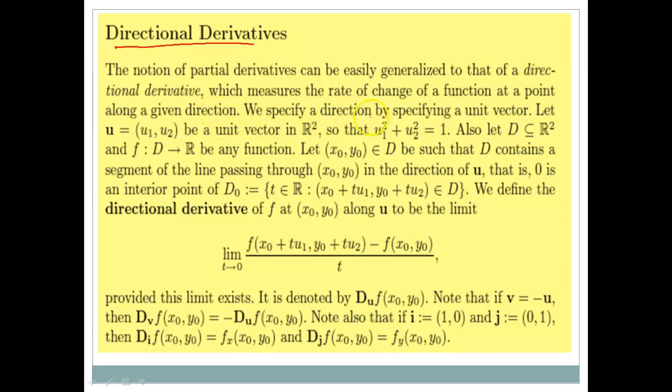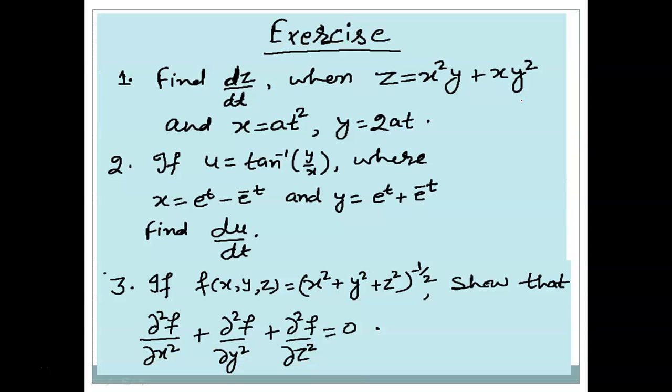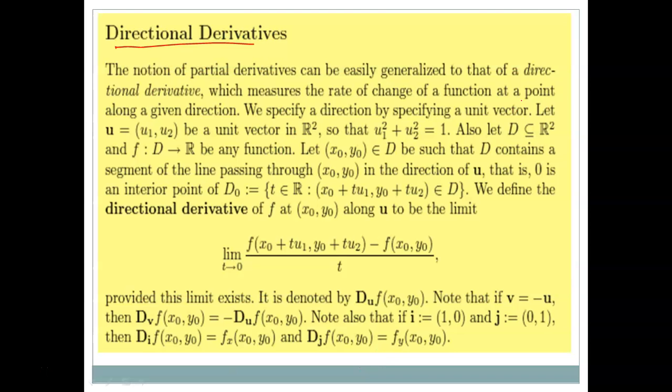Suppose we specify the direction by specifying a unit vector. So it is not always that, as I have considered here, it is along the x-axis, i or j, that means (1, 0). We can also have a unit vector for which you will have both the components i and j.